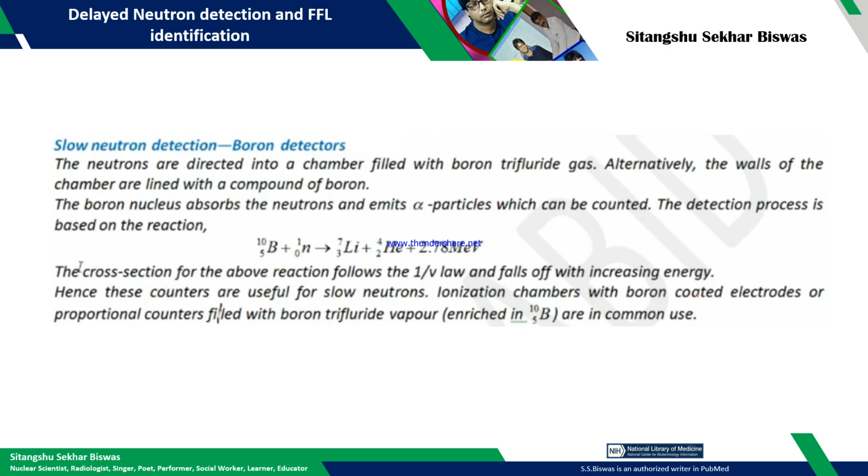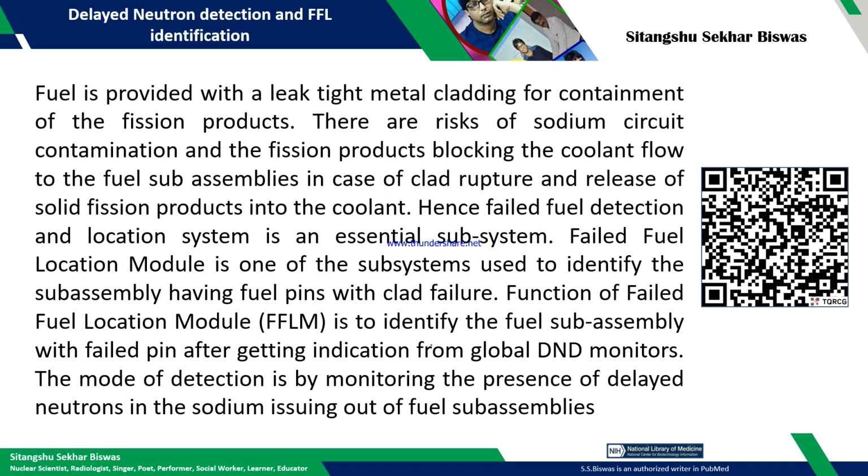This is the reaction that happens once the neutron is absorbed by the boron, and it will release an alpha particle. Basically this is a charged particle, and by detecting that alpha particle, you can indirectly count the delayed neutron.